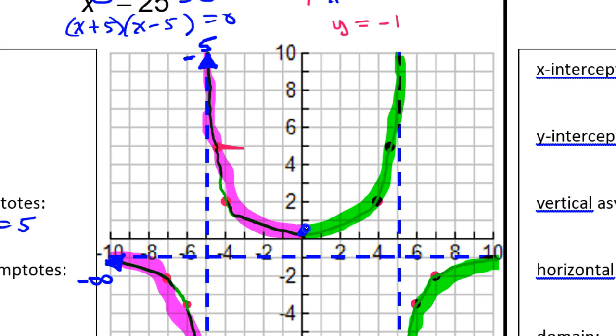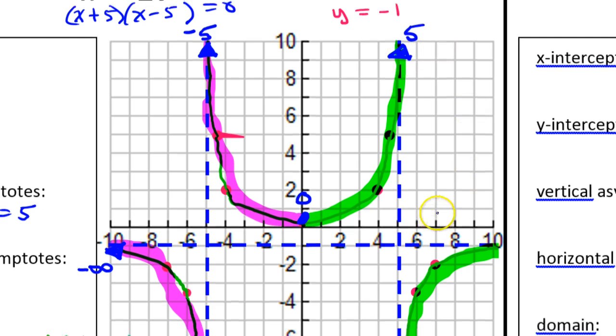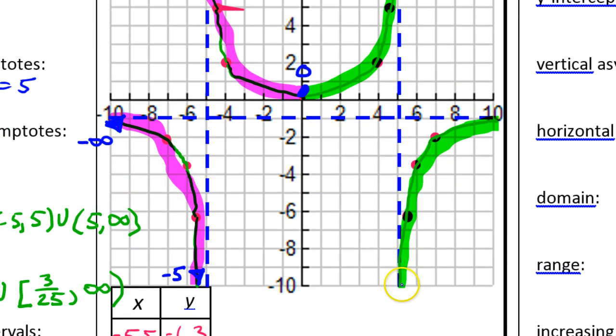The end of this pink part is at 0, x value wise. This arrow is not infinity. That's negative 5. This is positive 5, all right, because it's at the asymptote. All right, this arrow right here that I'm about to draw is not negative infinity.